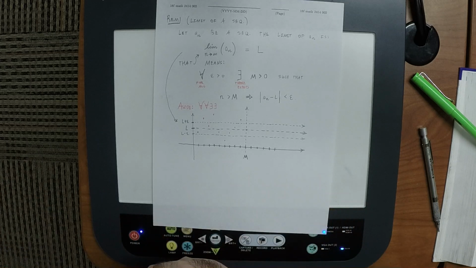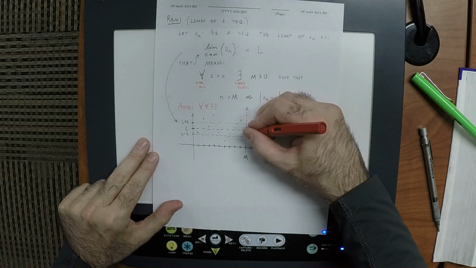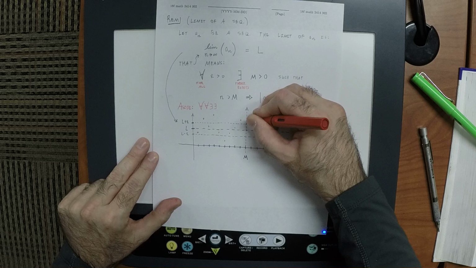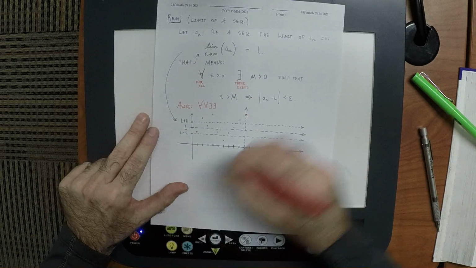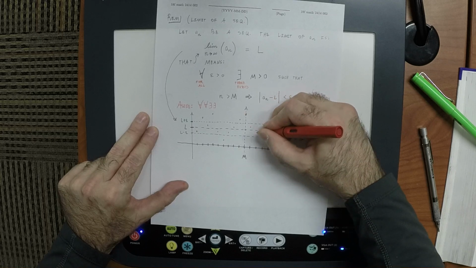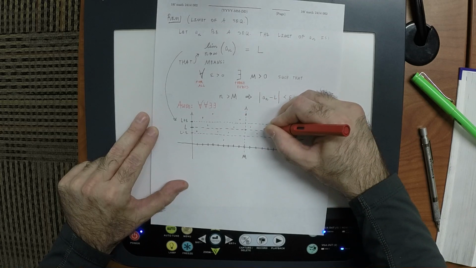It never goes further than epsilon. So, even at that M, according to the definition, it could be outside. But from now on, I can never get further away.